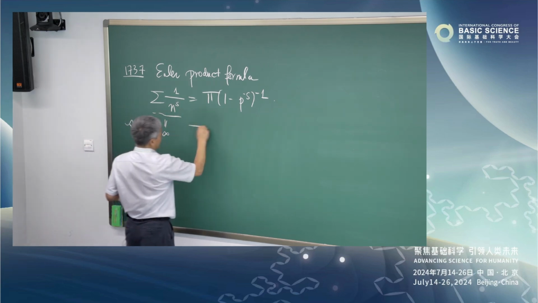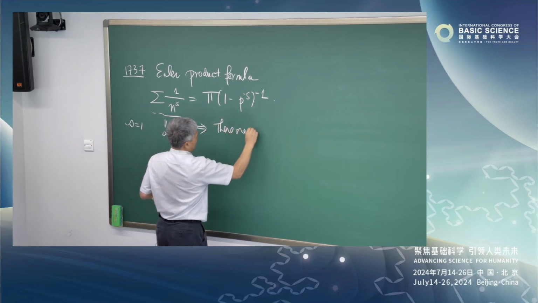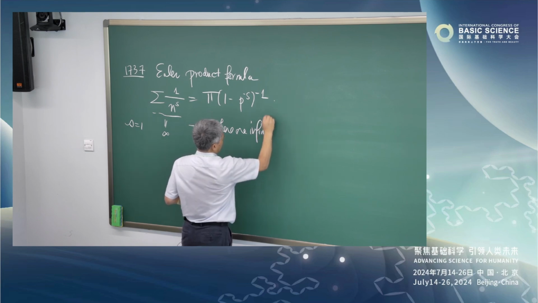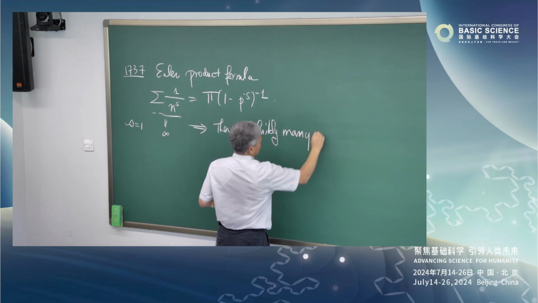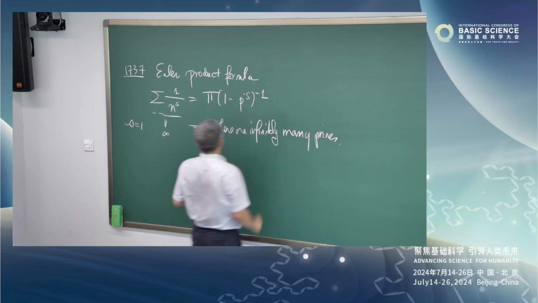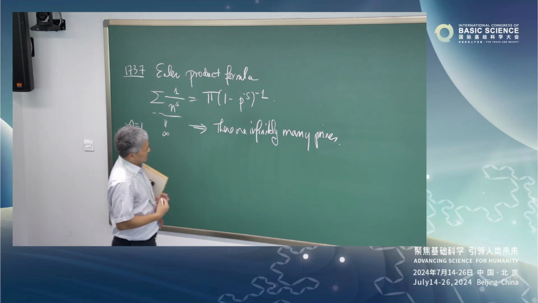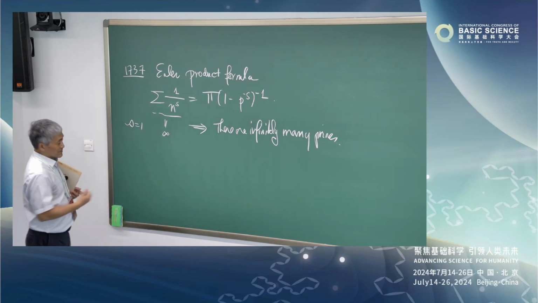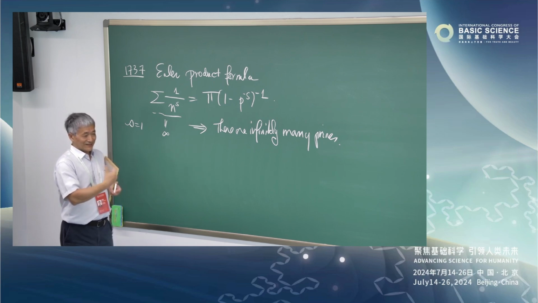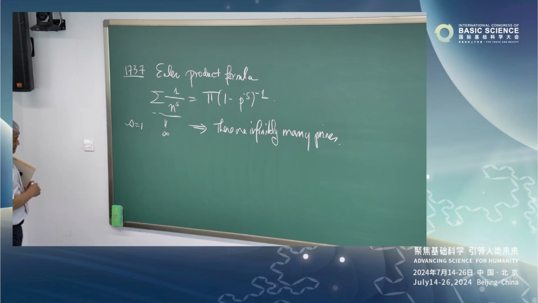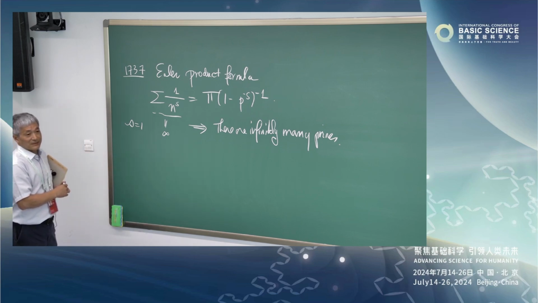So this implies that there are infinitely many primes. Of course, this theorem was already known to Plato, but this proof is much more precise, and later on became a very important tool in number theory. This is basically the first time.